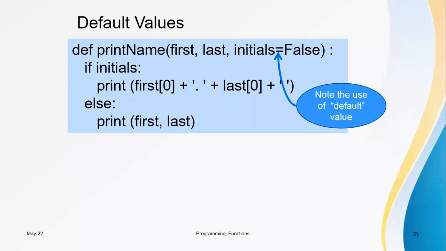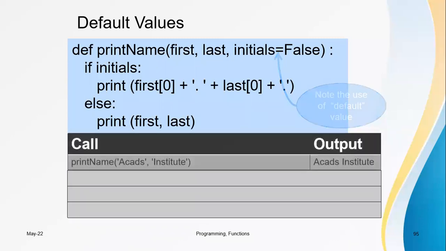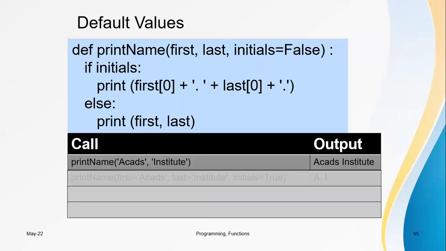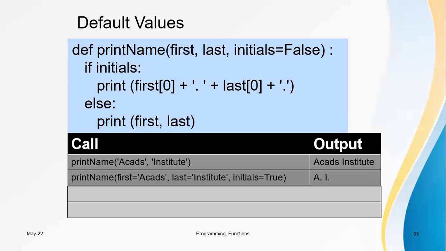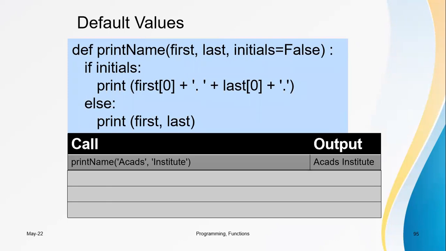I kept that already as a default case. Now, I have not given anything. By default, it has taken it as false, because I have written initials is equal to false. Therefore, it has taken initial as false. False means the full name will be created. So ACADS something.